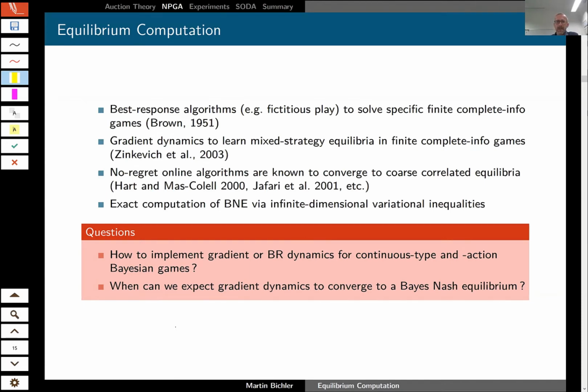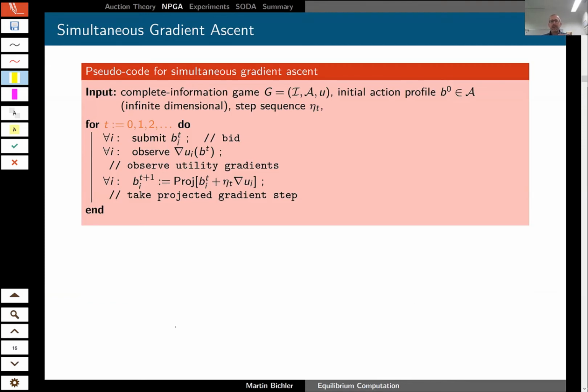Let me talk a little bit about simultaneous gradient ascent for finite games. The input here is a complete information game with some set of bidders, A is a discrete set of actions or bids, say, and U are the utility functions as usual. We also take some step size eta. The algorithm in general is very simple.